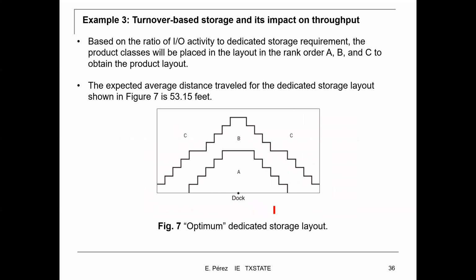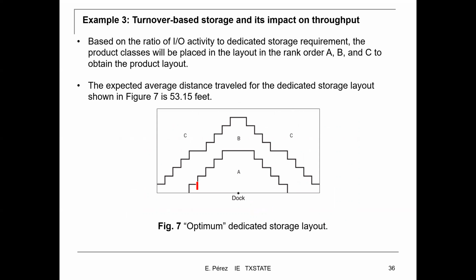Based on the ratio of input-output activity to dedicated storage requirement, the product classes will be placed in the layout in the rank order A, B, and C to obtain the product layout. The expected average distance traveled for the dedicated storage layout shown in figure 6 is 53.15 feet.